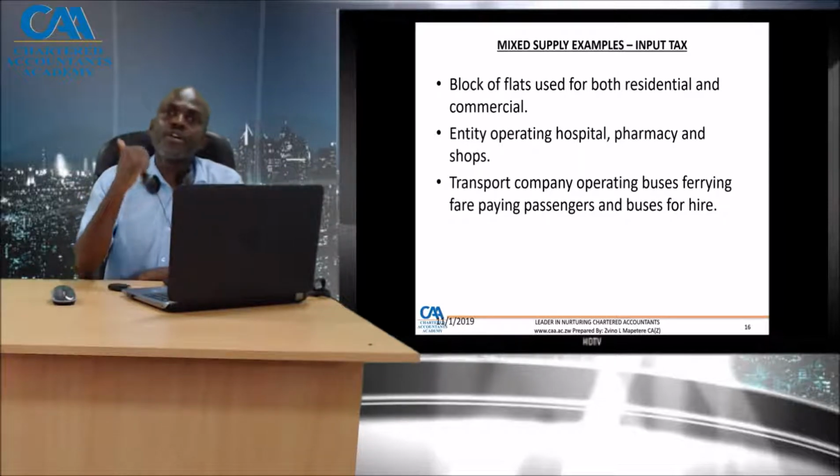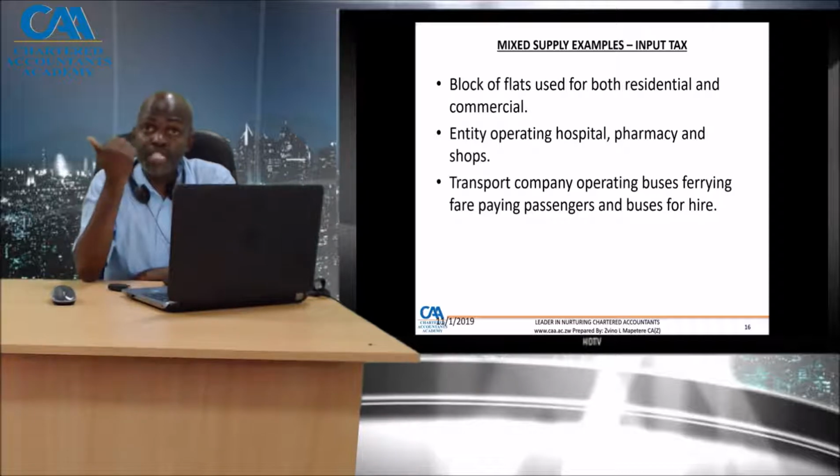You can also have buses that ferry passengers, even if they're fare paying, to export countries. That is a zero rated supply. And specifically, where you have fare paying passengers going to an export country, the zero rating takes precedence over the exemption.